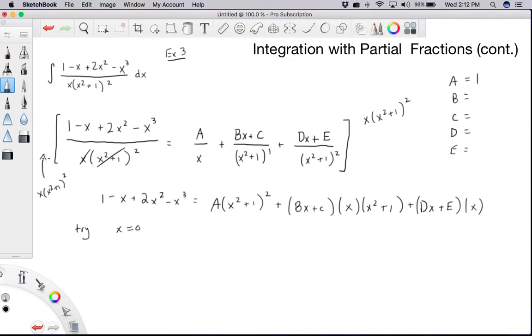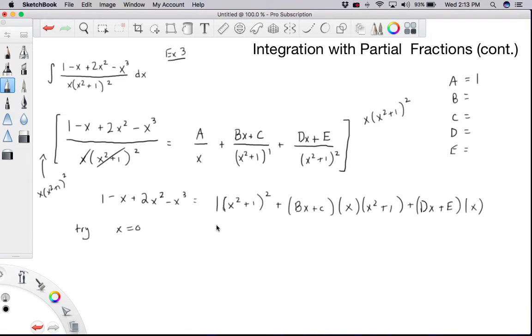So at this point, I would just start trying basically random values of x, but we'll use small numbers because that's easier. Another thing that I'm going to do really quick that I don't think I did in the first two examples, but now that we know a is equal to 1, I'm just going to put 1 here where a was.